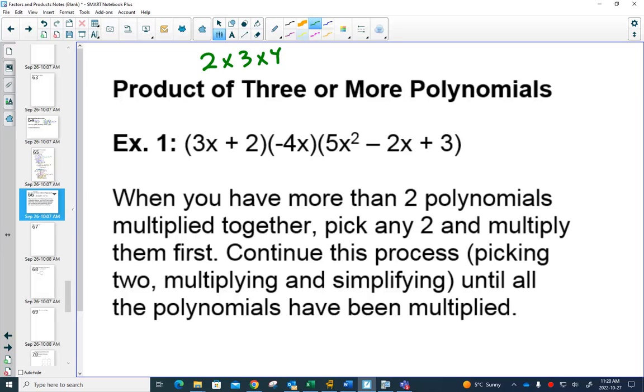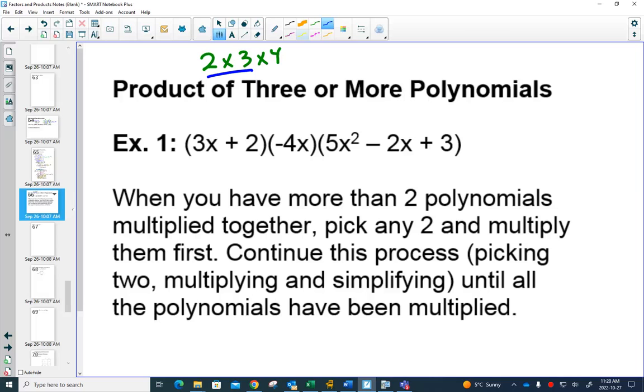So you chose 2 of them to multiply first. It doesn't matter which 2. Did anybody do 3 times 4 first? 12, and then times 2? And 2 times 4 first? You do 8, then times 3? It doesn't matter the order, but what you have to do first is choose 2 of them and multiply.